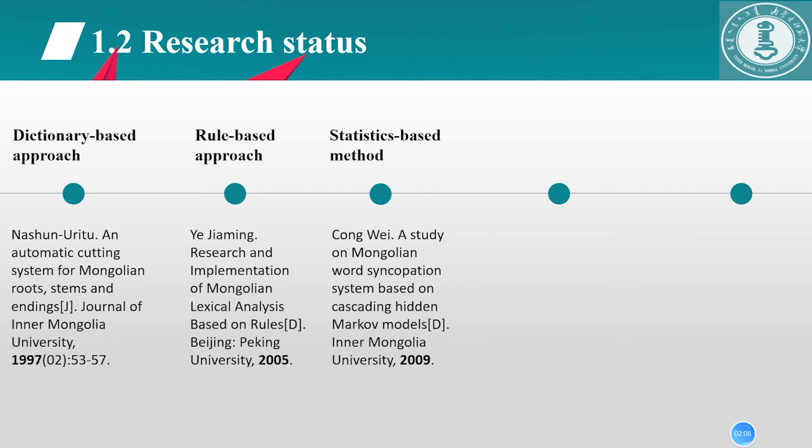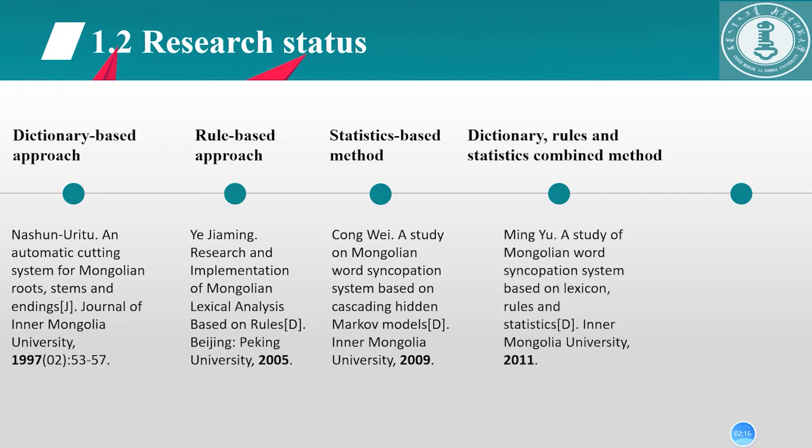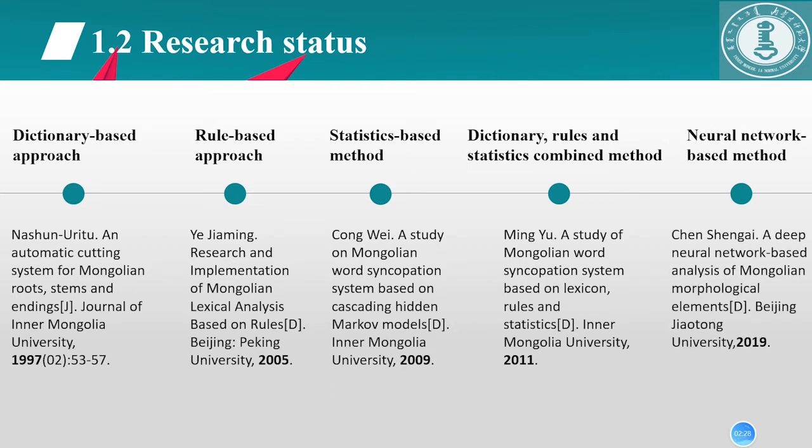Since 2009, the rule-based Mongolian word segmentation method has become popular. In 2011, MiddleWARE applied a combination of dictionary rules and statistics to the Mongolian word segmentation task. Starting in 2019, neural network methods have been applied to Mongolian word segmentation tasks.